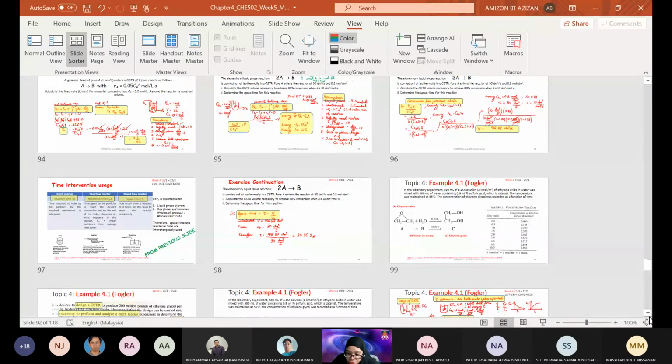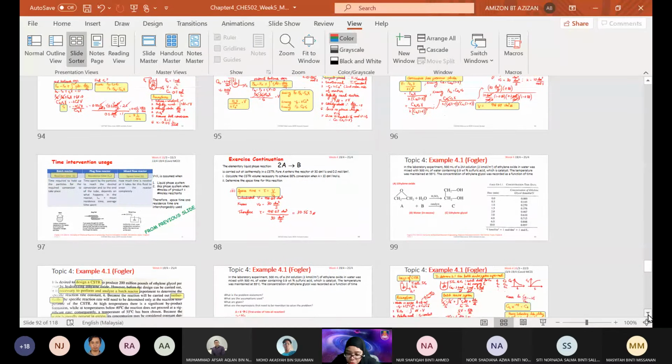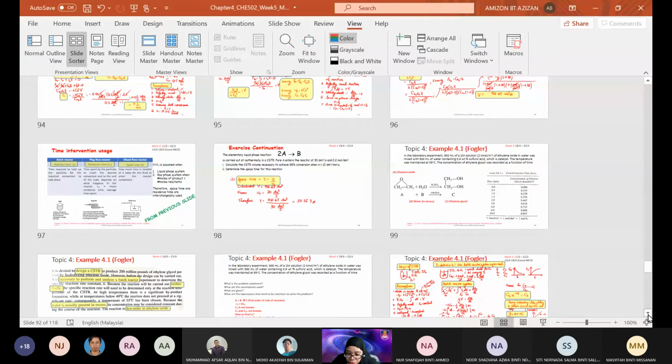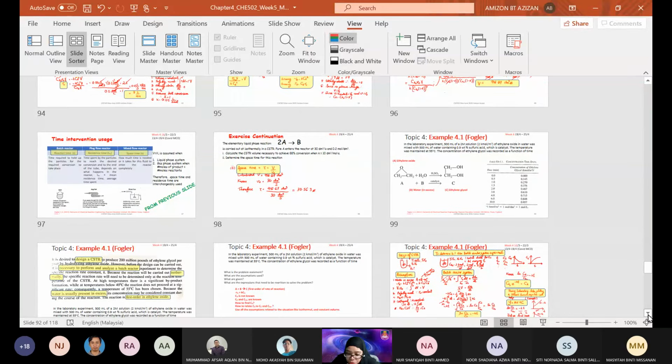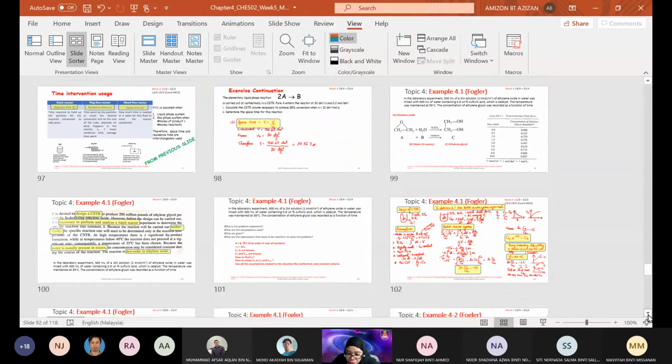I don't remember which example, but it gives you an idea that the CSTR volume is bigger than the PFR with the same X and also FA naught. So let us go to the other example here. I'm going to go to an example which is related to today's lecture first, which is this one.